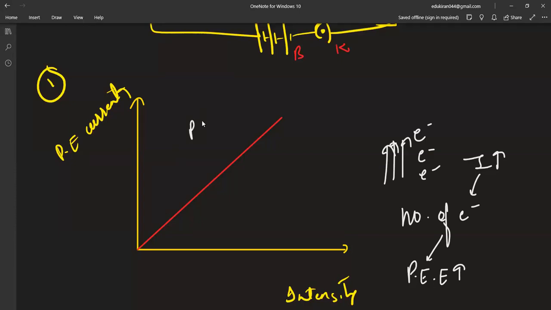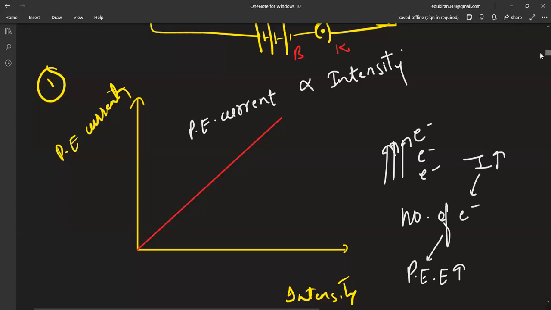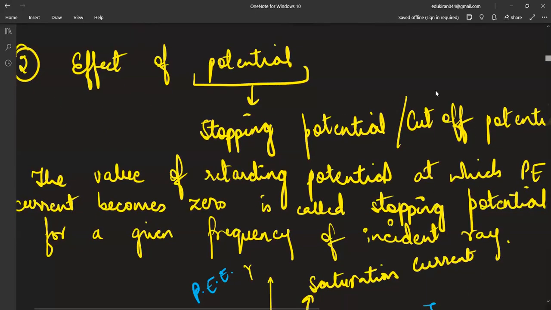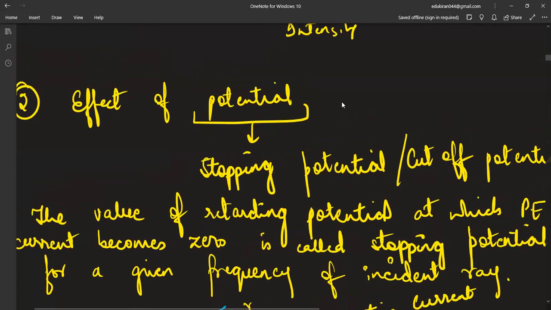So photoelectric current is directly proportional to intensity. All right, the photoelectric current is directly proportional to intensity. Next, this was the potential I was talking about, the effect of potential which I was mentioning. Stopping potential or the cutoff potential.